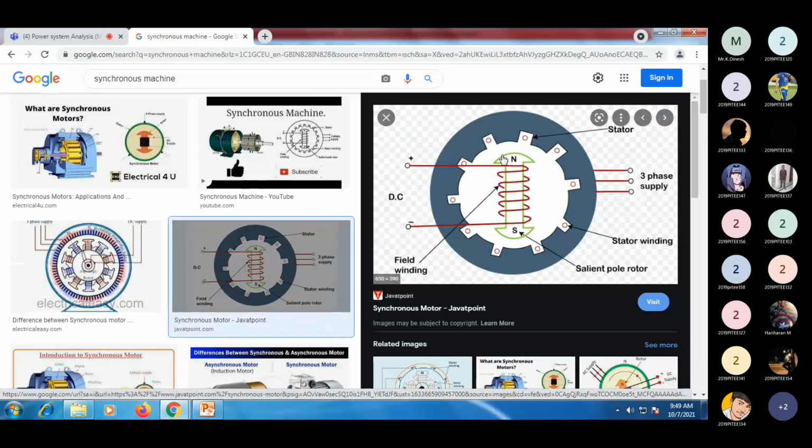Based on the angle only, we keep our machine in synchronous position. Based on your poles, North Pole, South Pole, and arrangement of the pathing, it should be displaced to some degree of the angle. So we have to maintain our rotor angle.